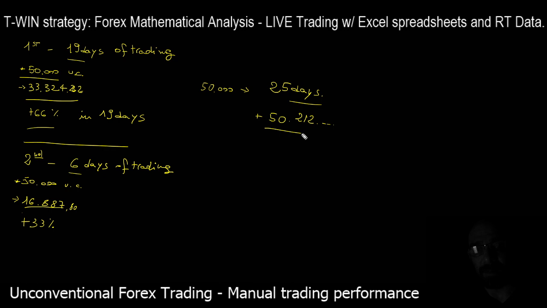So, roughly, it was this result, which is 100% plus in 25 days. Okay, so because you compound, of course. So this is the results starting and trading and in 25 days.